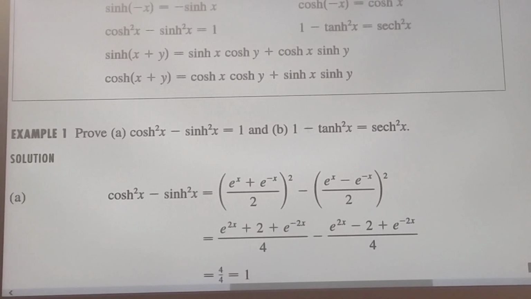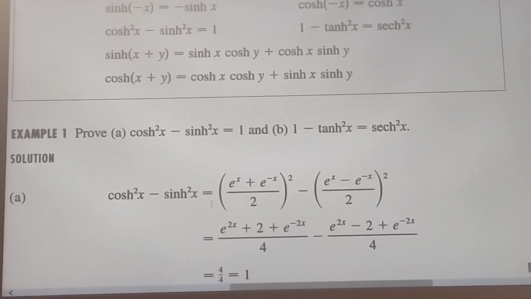Okay, we move on to the next question. So in this example, it's saying prove that cosh squared x minus sinh squared x is equal to 1, and b, 1 minus tanh squared x is equal to sech squared x.